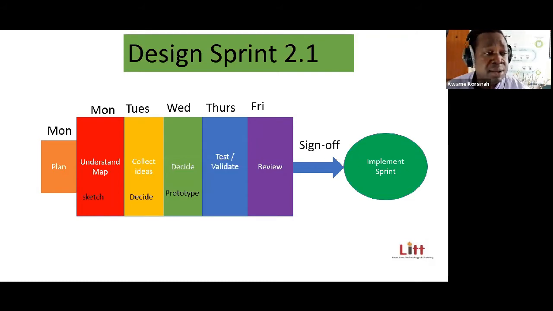On Wednesday, once you've collected the data, you come up with your point of view statement. You could also use some SWOT analysis. And then on the Wednesday, you start looking at the various ideas that would help you solve the problem.